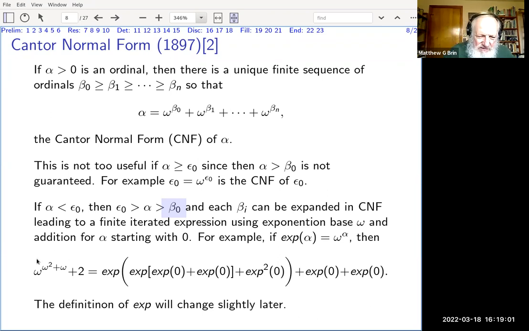And just for illustration, I took a nice simple expression here and made it worse. I'm not sure why I did that. Anyway, because weird things happen at the bottom of sequences, the notion of EXP will change a little bit, but we'll wait for that to happen.